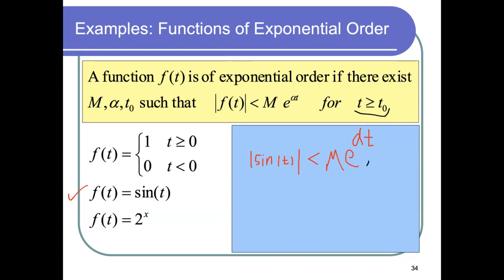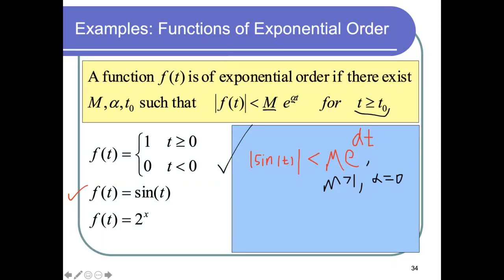So if m is greater than 1 and alpha is 0, then you know for sure that for all values of t, this condition is satisfied. Because you can find the corresponding m, alpha and t naught, then you're good.